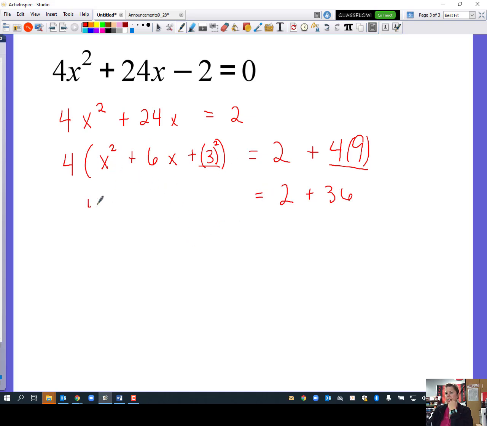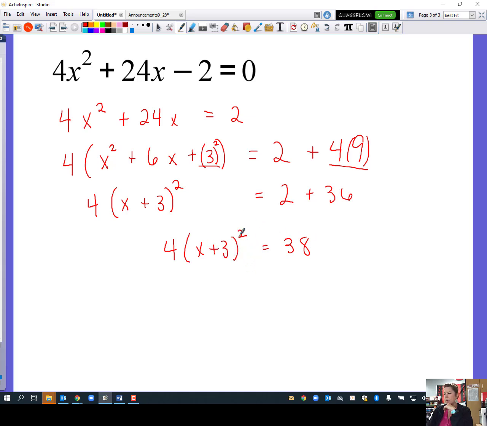So what we have here is 4 times (x plus 3) squared. Everything's positive inside here, so that means it's going to be a plus here, and then I'll have 38.